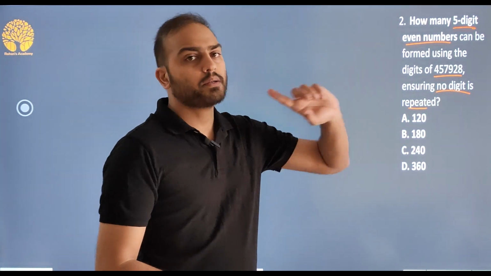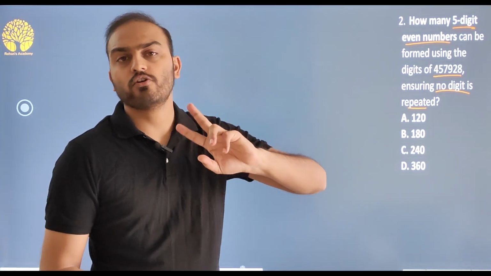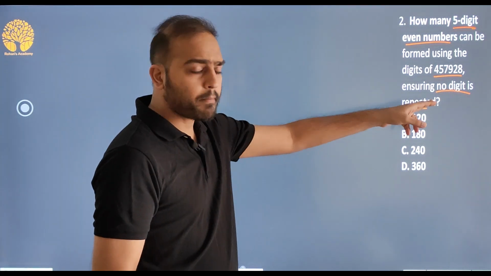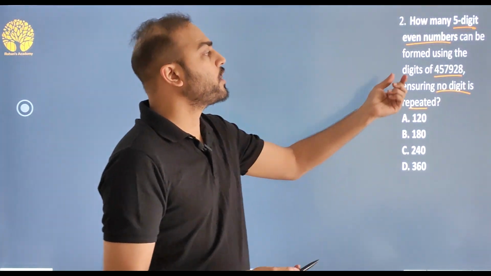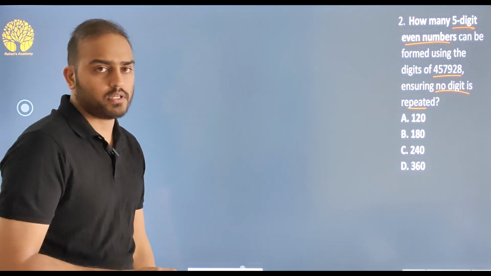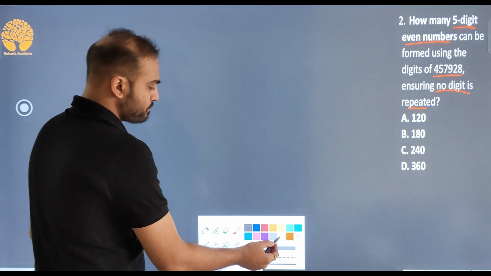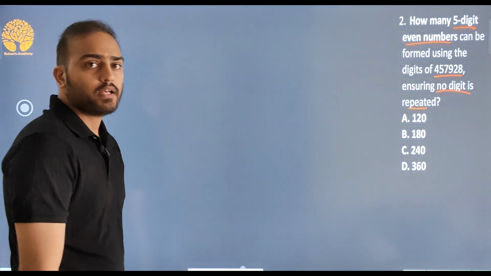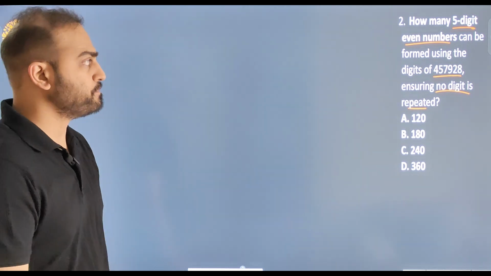The question mentions repetition not allowed, so it is permutation or combination. Does the order matter? Yes, because if I write 4 5 7 9 2 8 or 5 4 7 9 2 8, these are two separate numbers, right? So the order matters. Hence we know it is permutation.